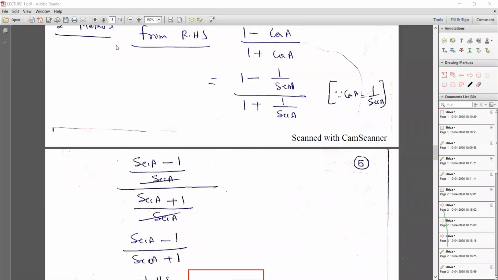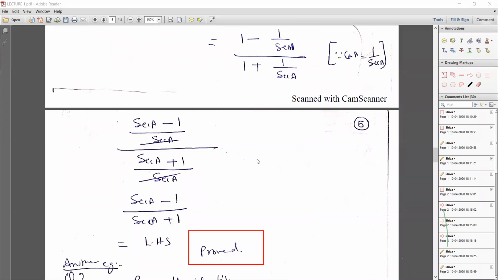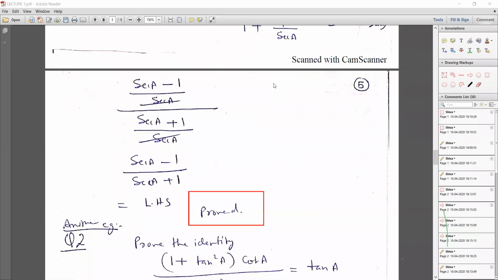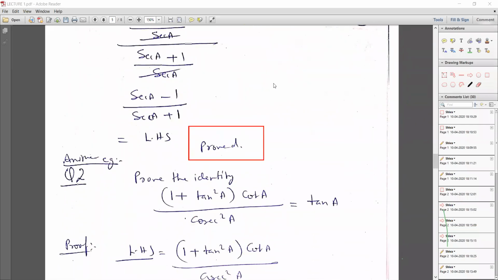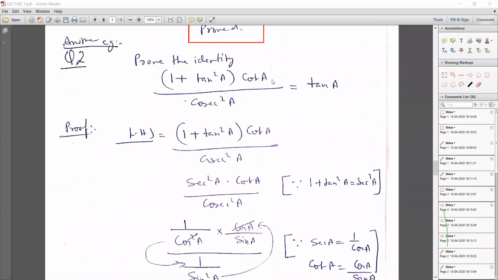Ibrahim, is it clear to you? So we will get the result as sec a minus 1 upon sec a plus 1, which was our left hand side. So you have learned from the first case that either you can start from left hand side and proceed towards the right hand side, or from right hand side to the left hand side.